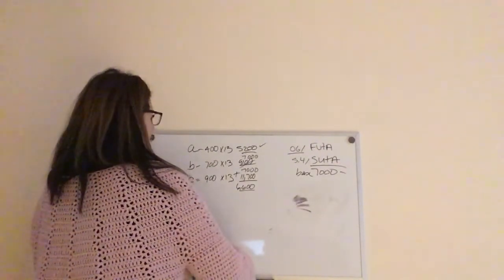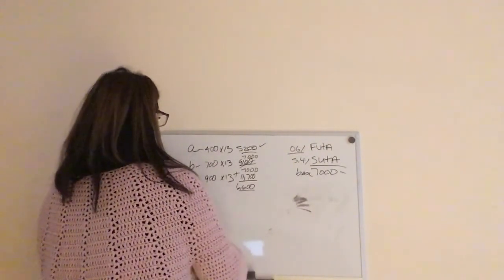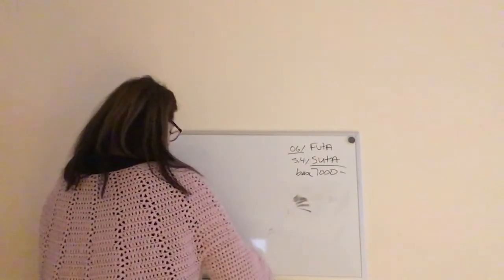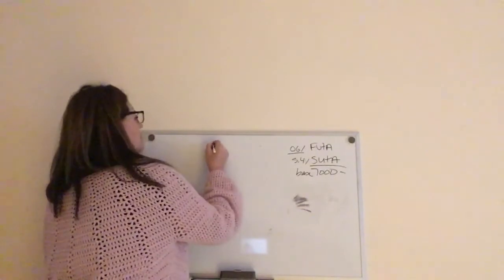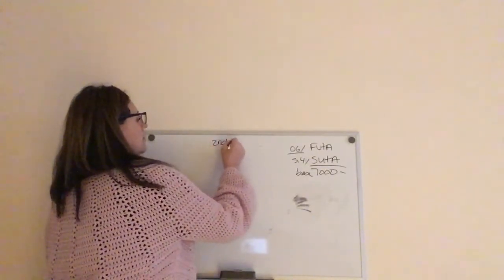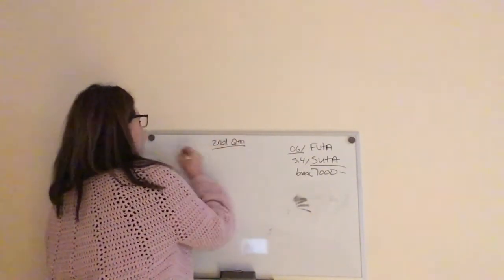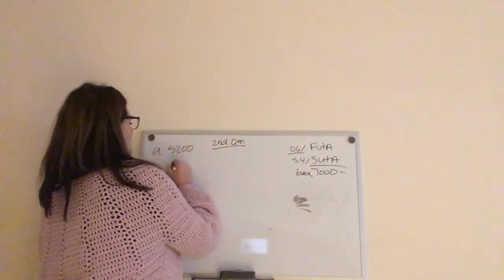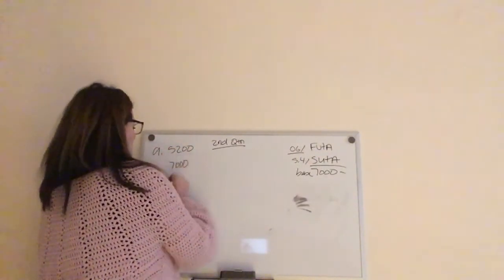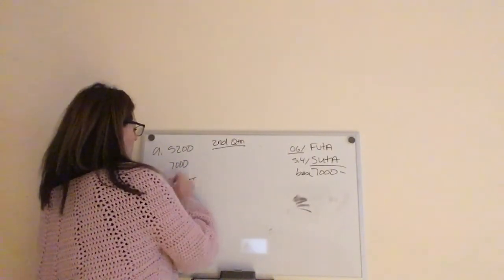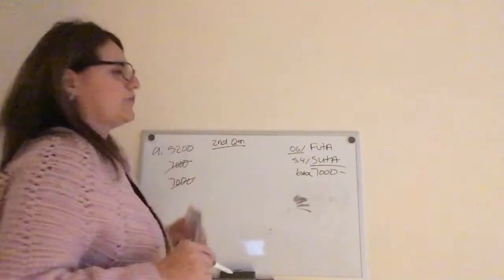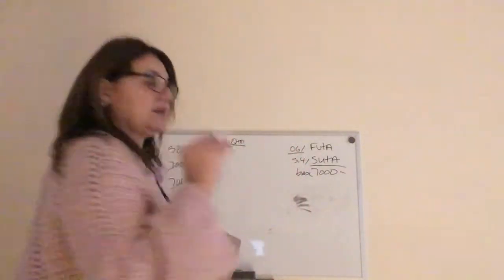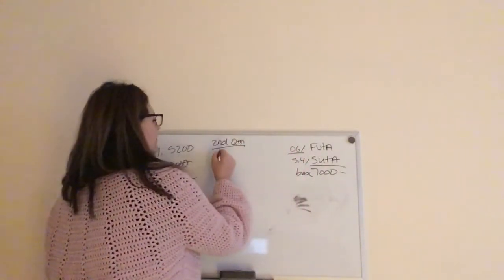Second quarter. Notice this first employee did not reach the 7,000. However, he did get paid 5,200 again this quarter.